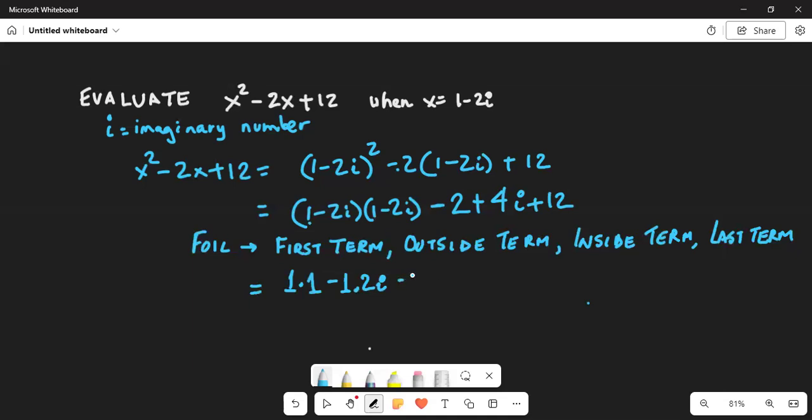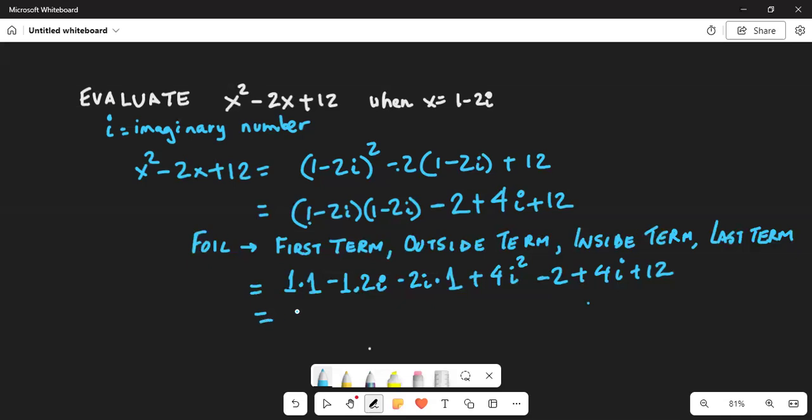So minus 2i times 1. And then the last term, 2 minuses make it plus. Minus 2 times minus 2 is plus, 2 times 2 is 4, and i times i is 4i squared. And do not forget the minus 2 plus 4i plus 12 that we already had.